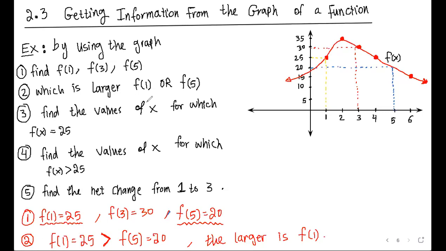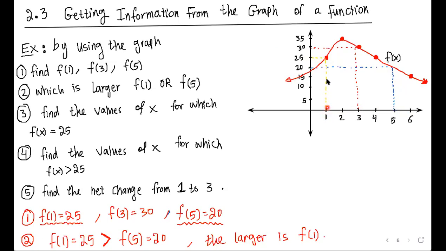For the third one, they ask for the x value such that the y value is 25. How can I think for this one? You can check which points go to 25. Yes, exactly. Nice, thank you. So I have to check which points give me the value 25.